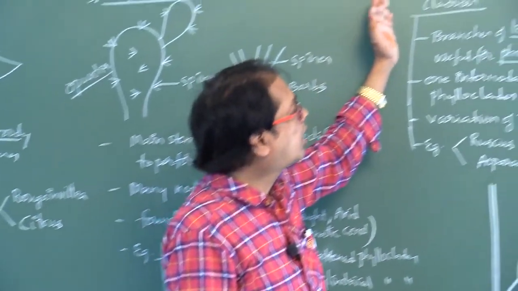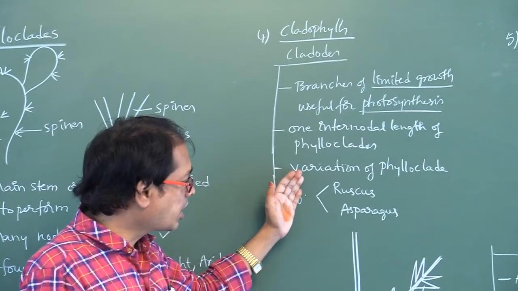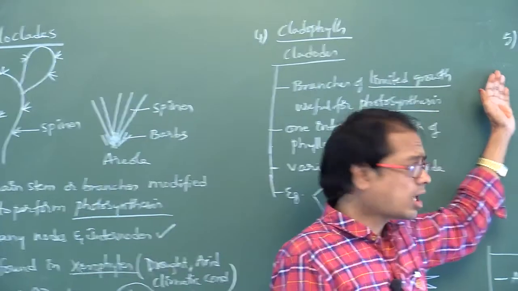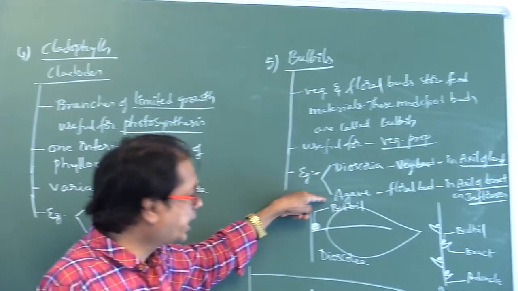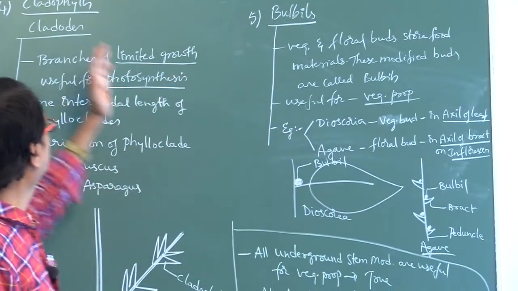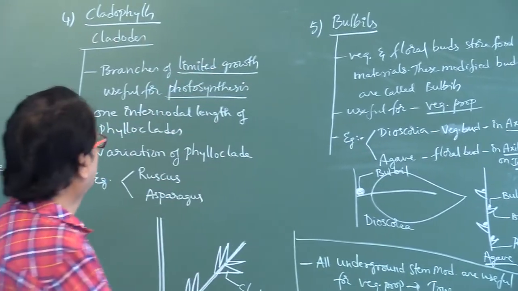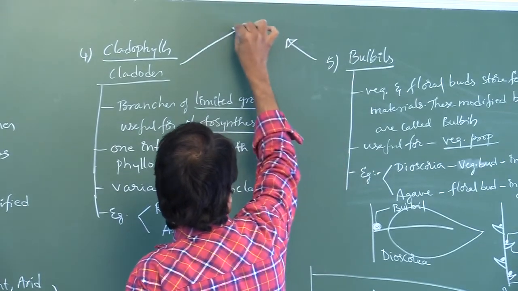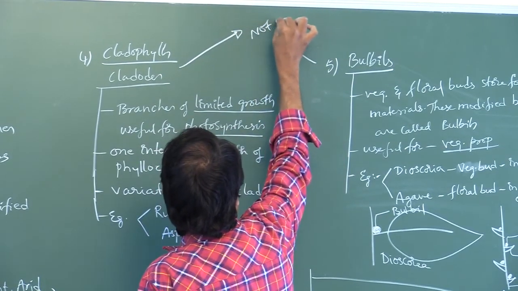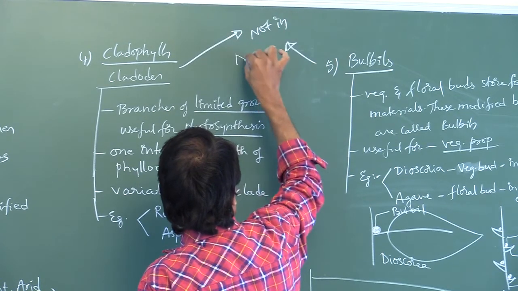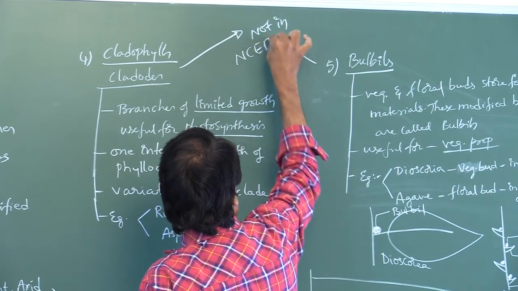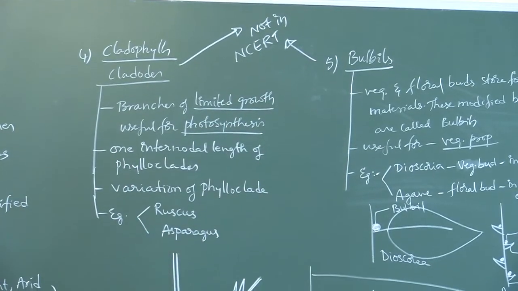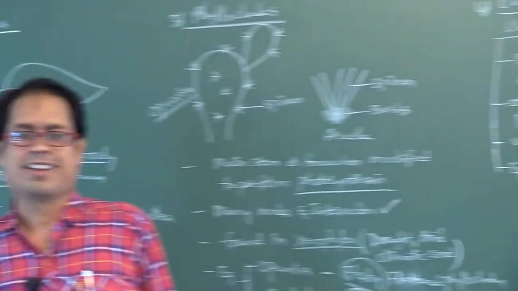Cladode or cladophylls found in Asparagus, Ruscus. And bulbils are found in Dioscorea, agave. Of course, these bulbils and cladophylls, these two are not in NCERT. So please note down all these points, my dear students, and we will meet in the next class.